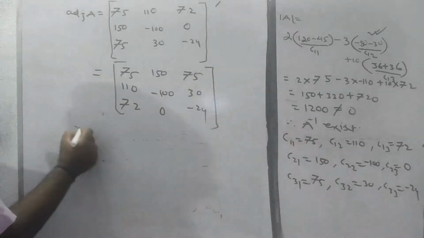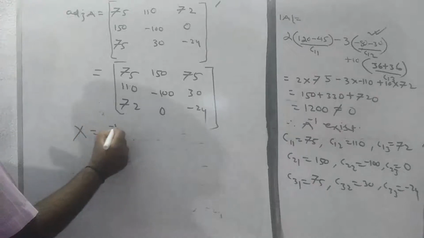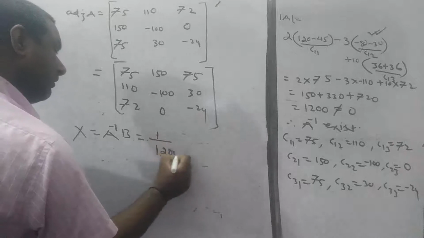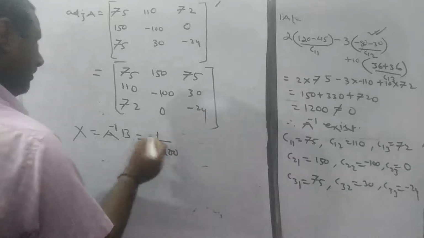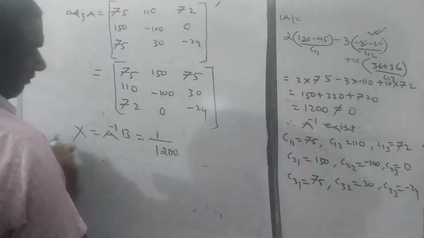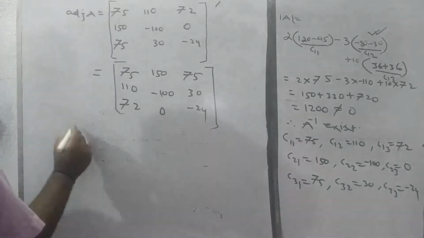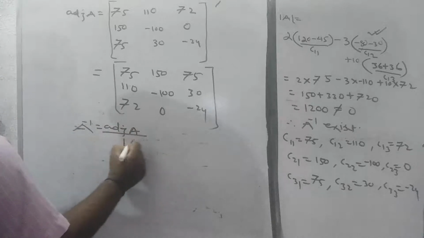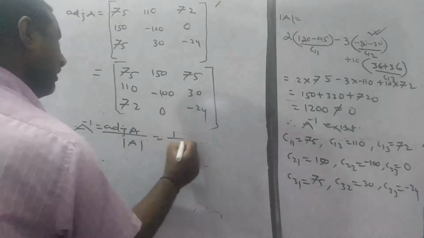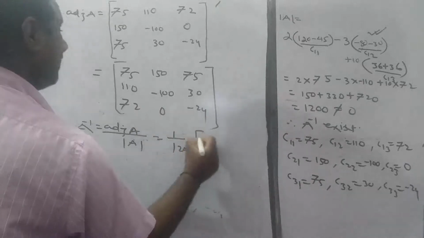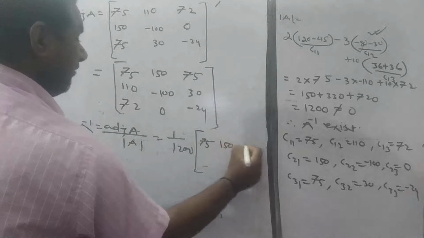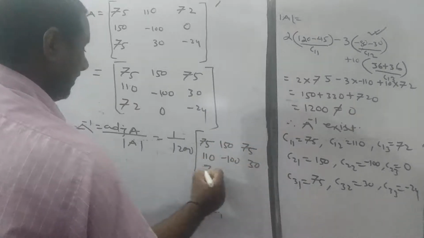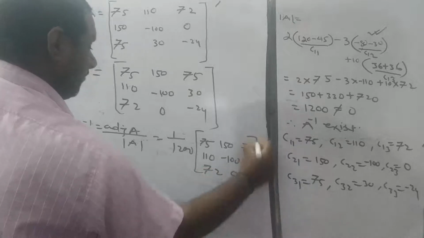So what is the value of X? A inverse B. I have not mentioned A inverse, sorry. A inverse is equal to adjoint A upon determinant A, or 1/1200 times 75, 150, 75; 110, -100, 30; 72, 0, -24.